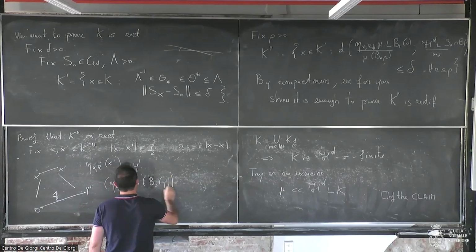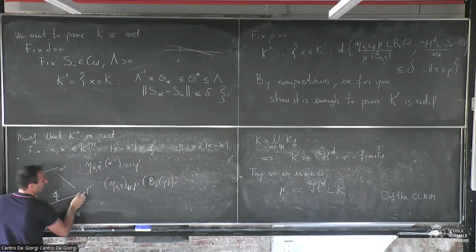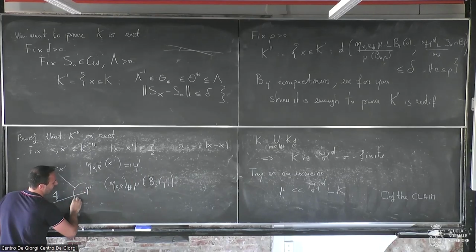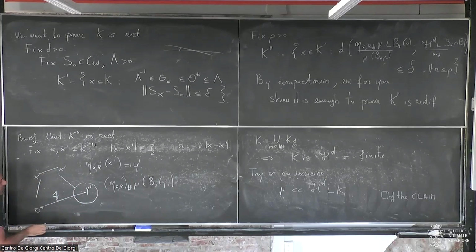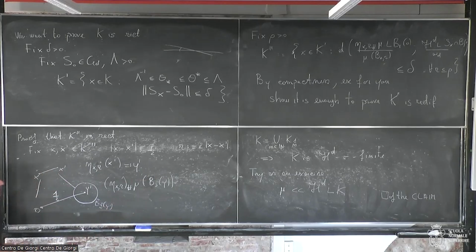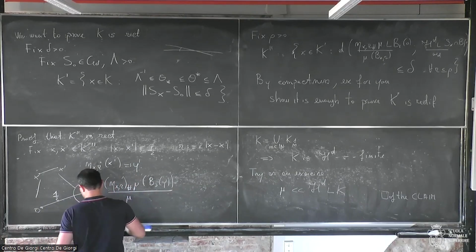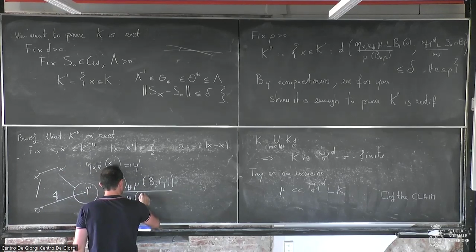The only way to show that this guy is delta close to S_x is by using the geometric information that I have. So take a ball here around this point y, and see how much mass there is in this ball. I take this guy and rescale it by mu(B(x,r)).